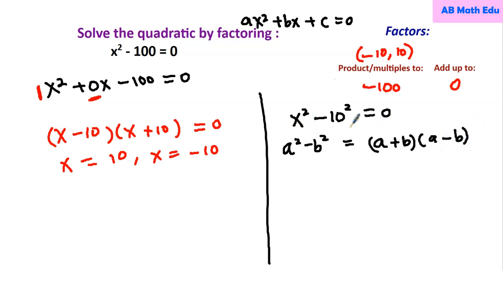So with that idea, we can write this one as x plus 10 and x minus 10 equals 0.